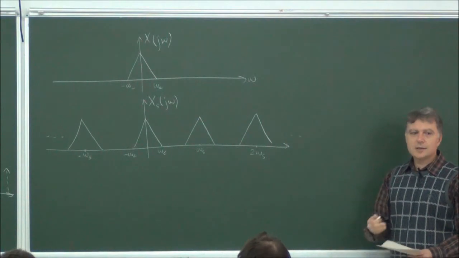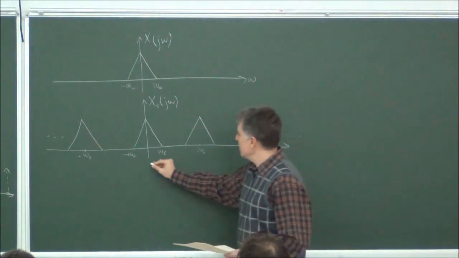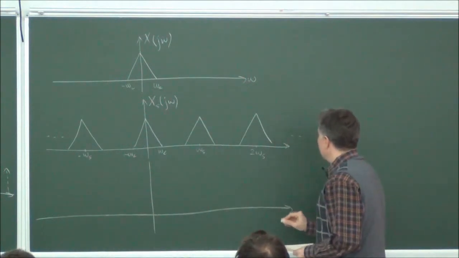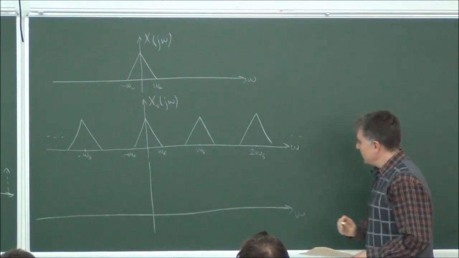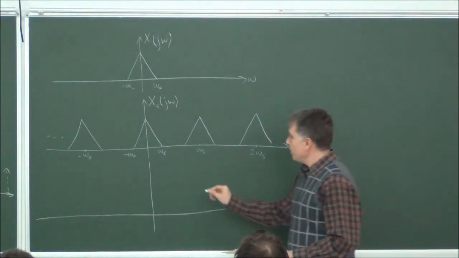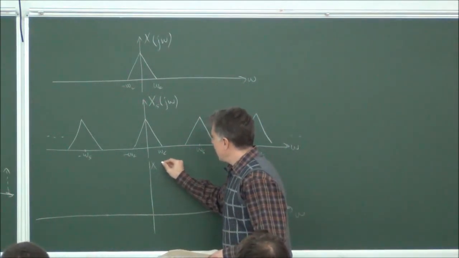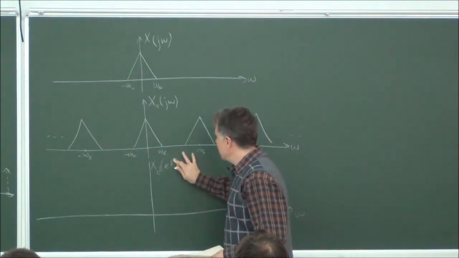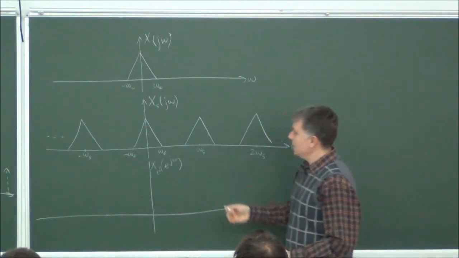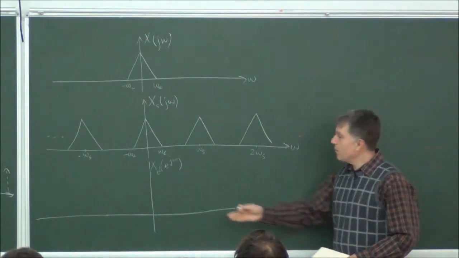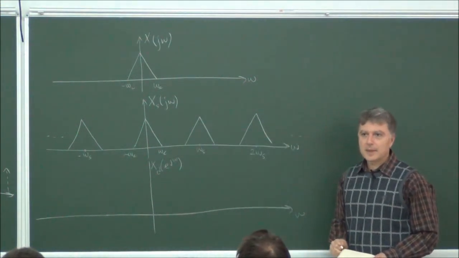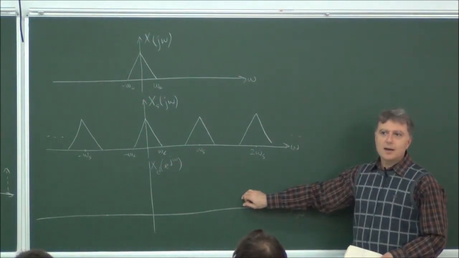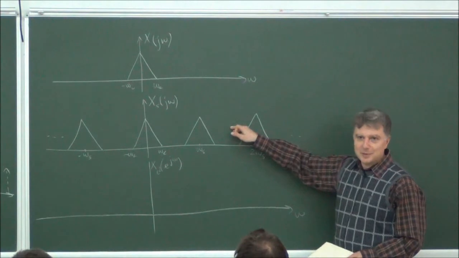And it is not the discrete time version of our signal. What you have to do is, you have to draw your new spectrum of X d, let's call it, of e to the j omega, which is the discrete time Fourier transform of our discretized signal. What does it look like? It must look like this, by the way.